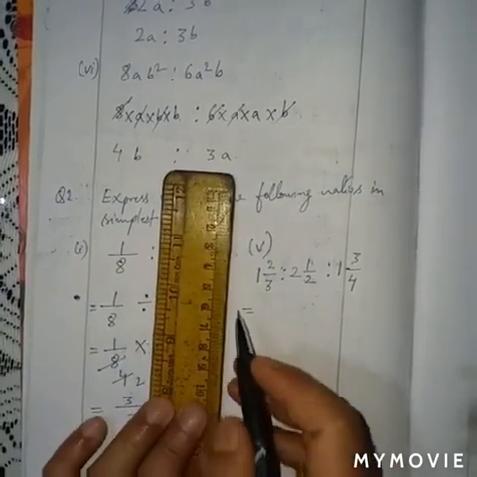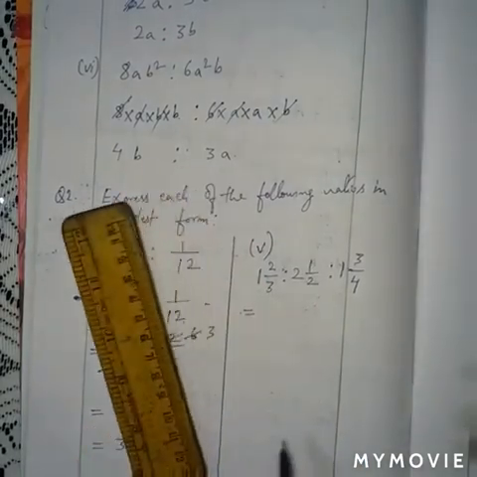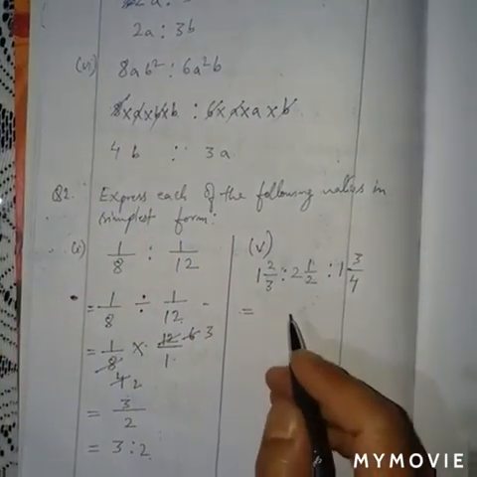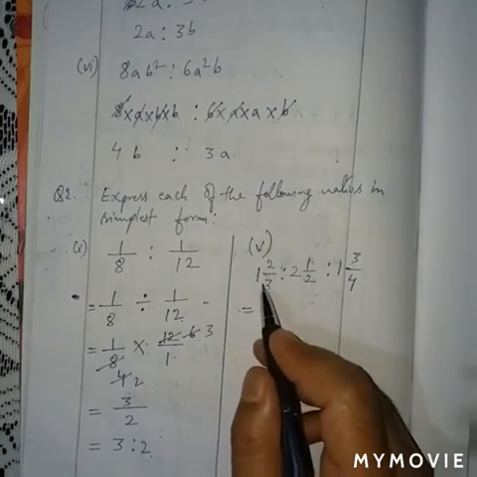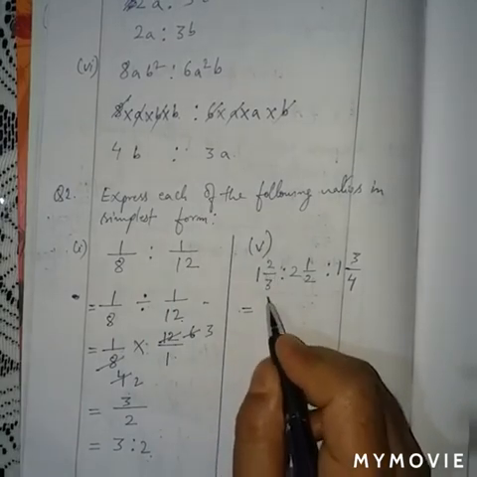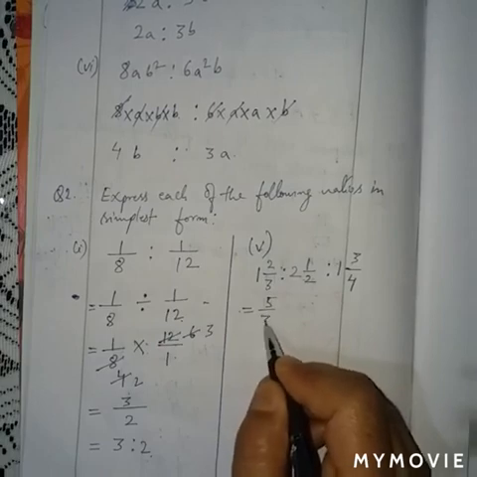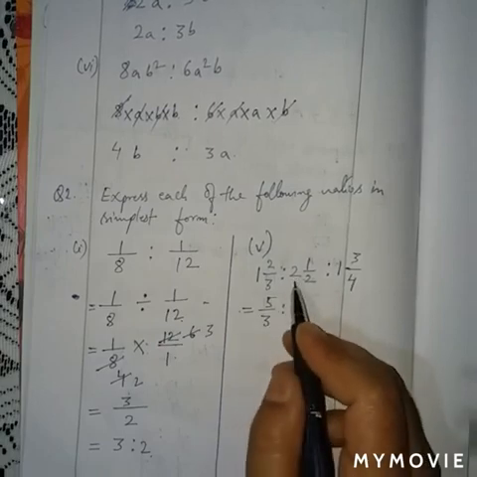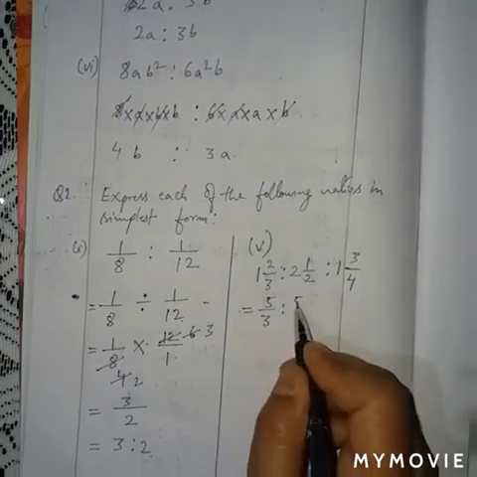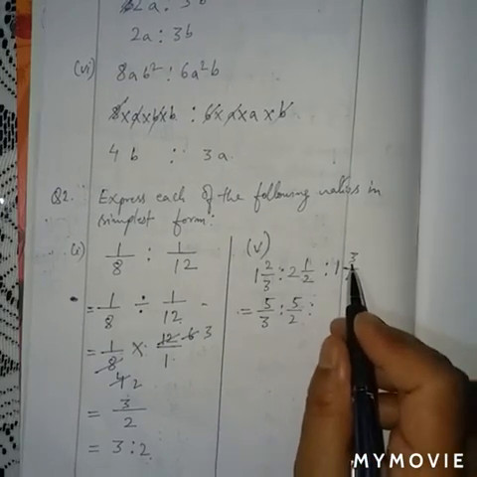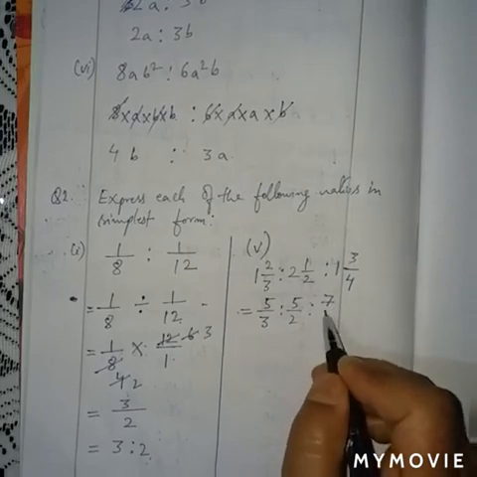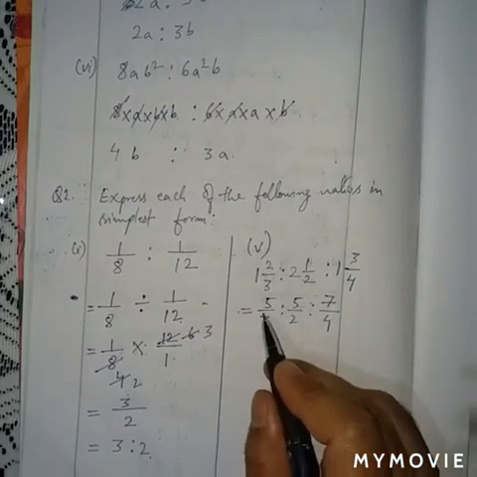This one is a separate sum. So 3 1s is 3, 3 2s is 6, plus 1 is 5 by 3. 2 2s are 4, 4 plus 1, 5 by 2. 4 1s are 4, plus 3 is 7 by 4. Here we have 3 terms.